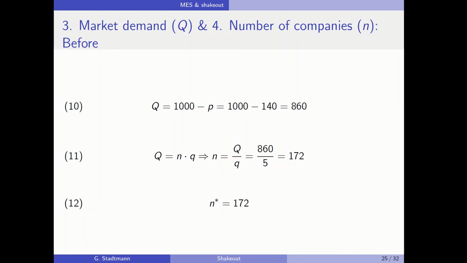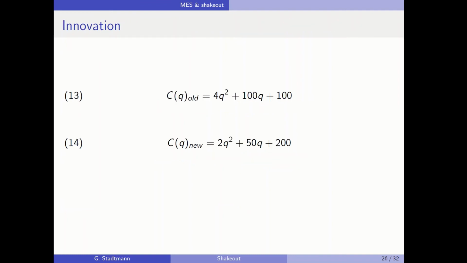Now we'll assume that an innovation takes place. This innovation leads to a new technology and to a new cost structure. This new technology reduces variable cost, but it is increasing fixed cost. You can see here the old cost function.